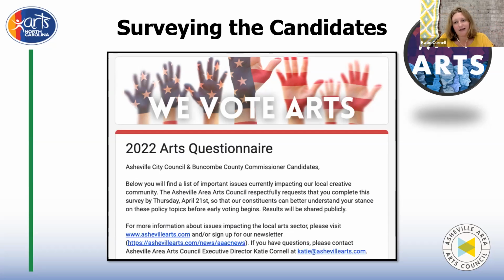Usually it's much easier to find email addresses once they made it to the general election, but not always. But your local Board of Elections is extremely helpful for if you cannot find an email, they'll give it to you. So you can email them and request that information.